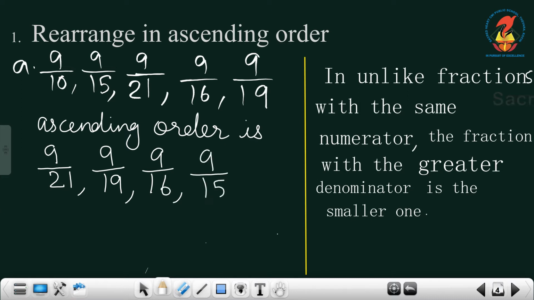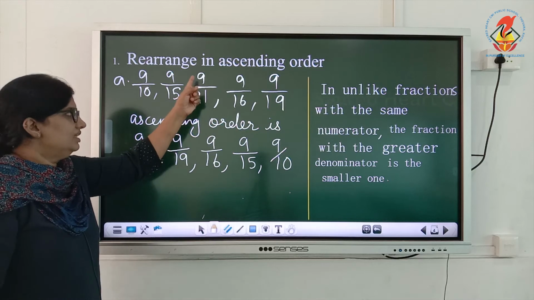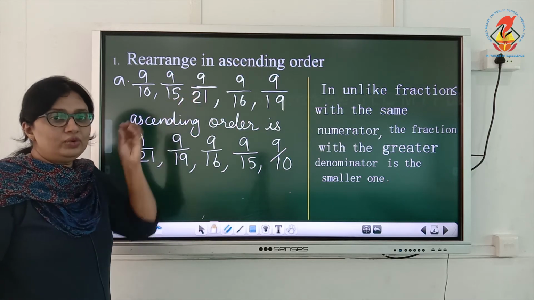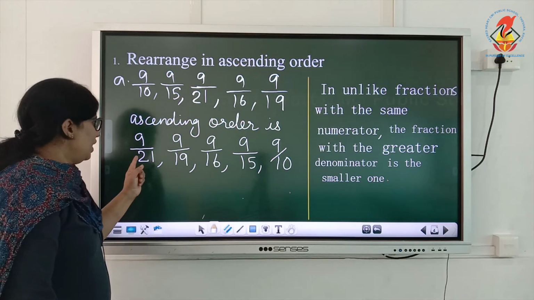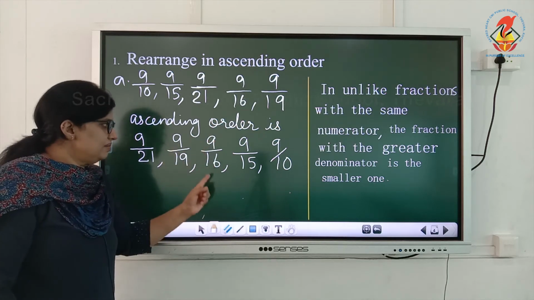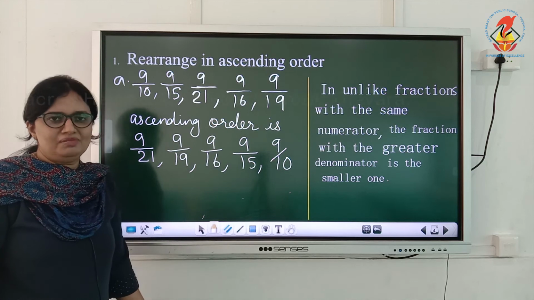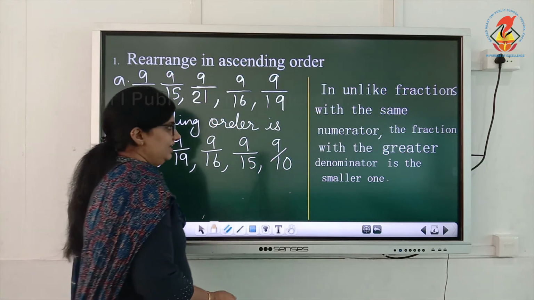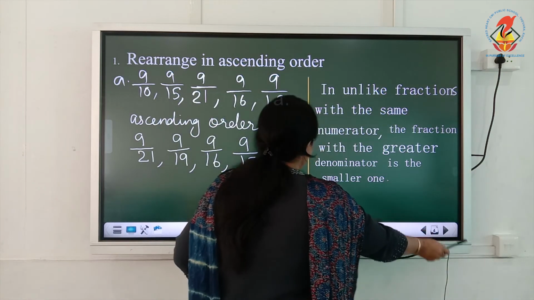And the last one is 9 by 10. See this. First one is the denominator with the greater value is the smaller fraction. So I need to write that one first. And after that 9 by 19, 9 by 16, 9 by 15, 9 by 10. Okay. Is it clear?